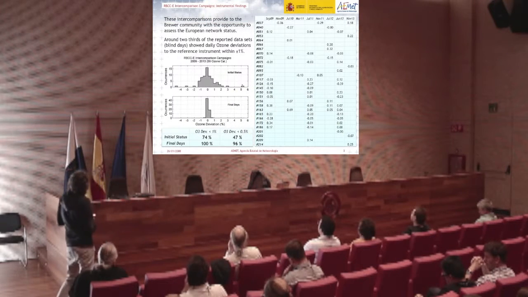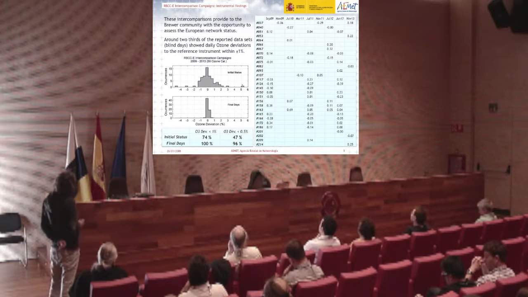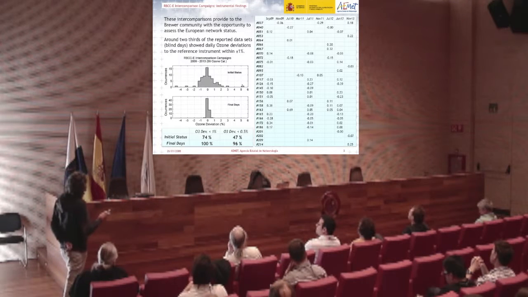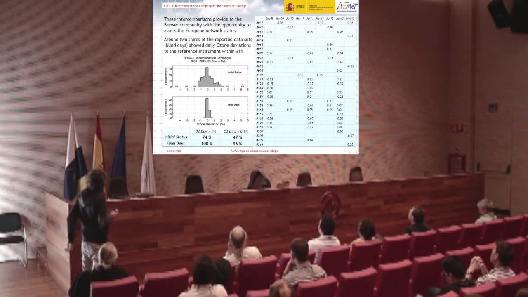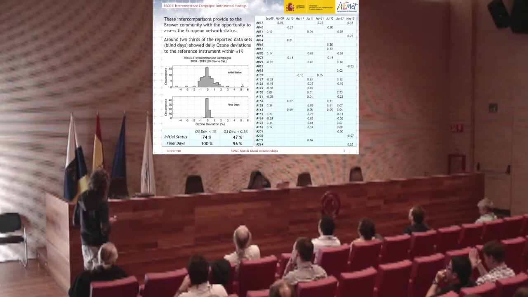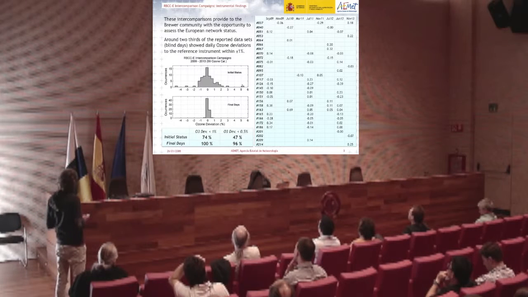An overview of the main results of these campaigns, which I think could be quite interesting, refers to the results of comparison with the standard instrument, or the reference instrument.